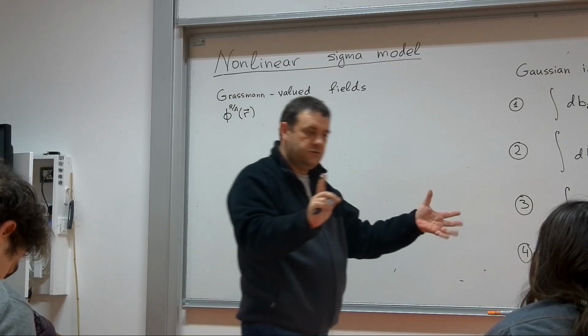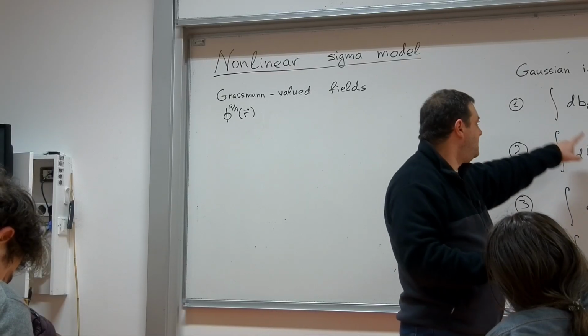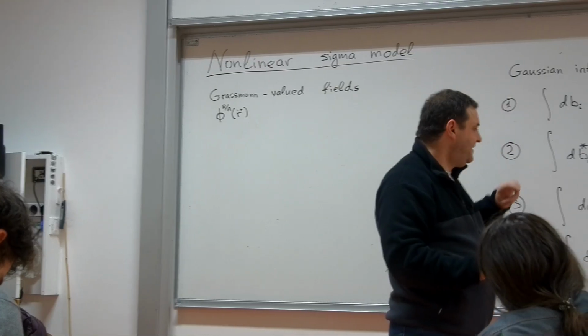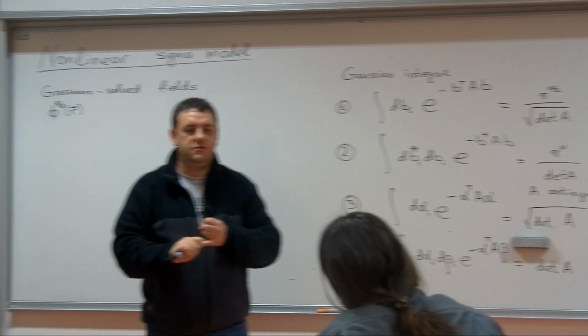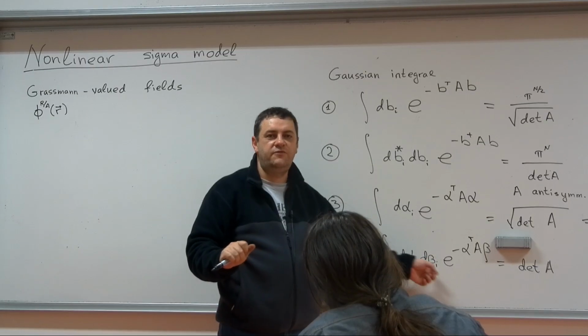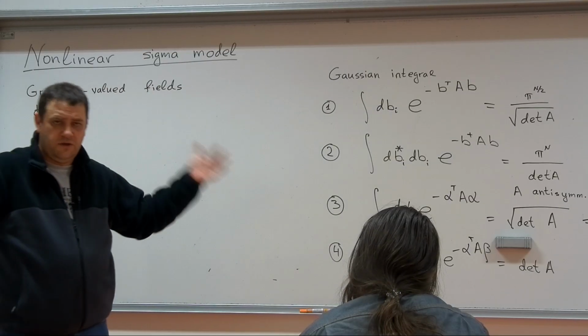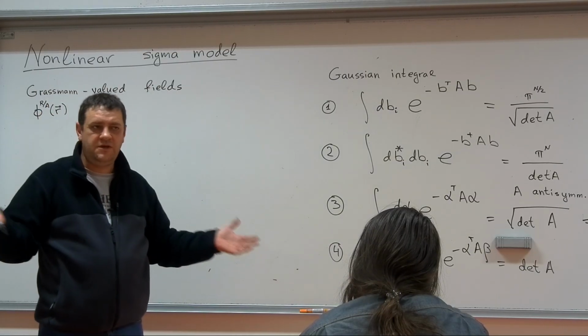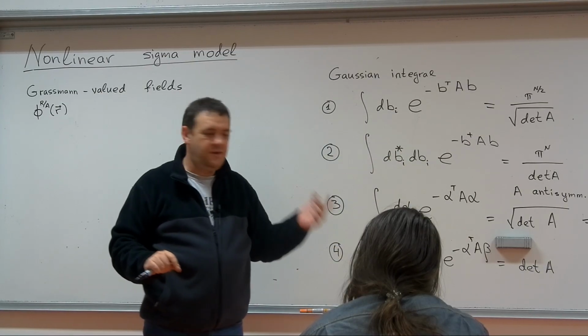For usual bosons, this is like a complex number and this is like a real number. But for Grassmann variables, there is no notion of complex conjugation. So you can just say, I have two different Grassmann variables and I can call them conjugate to each other, or I can call them just independent variables. It's the same. This star just means a different variable.